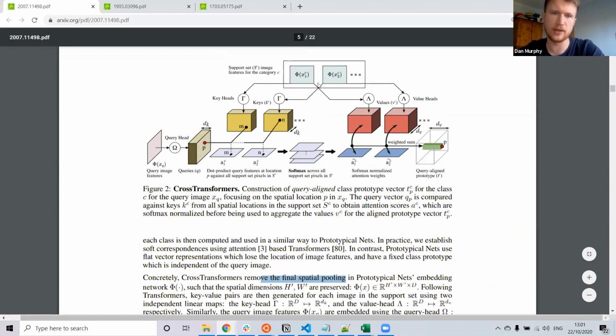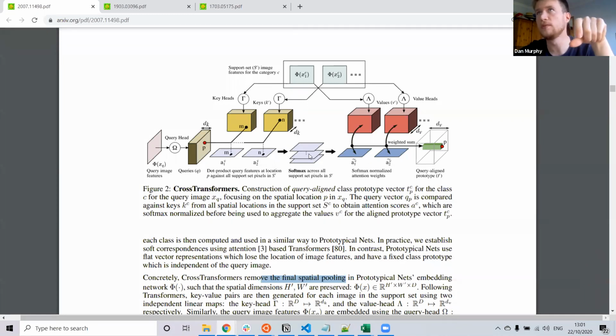So we get that for every image in the support set and every area in the query image, and we end up with these matrices. We take the softmax across all of these matrices to tell us which area of which image is the most important for us to pay attention to.